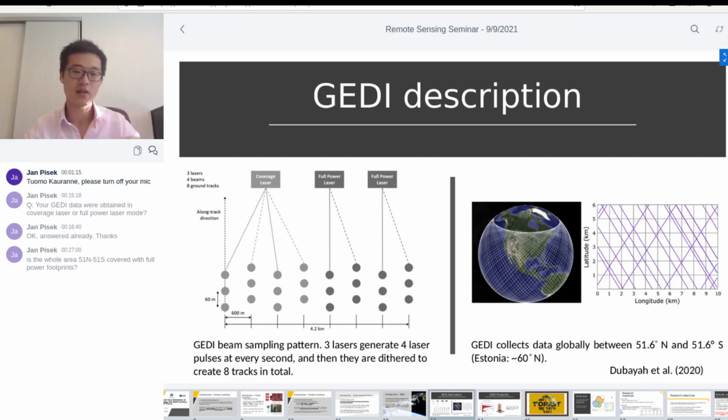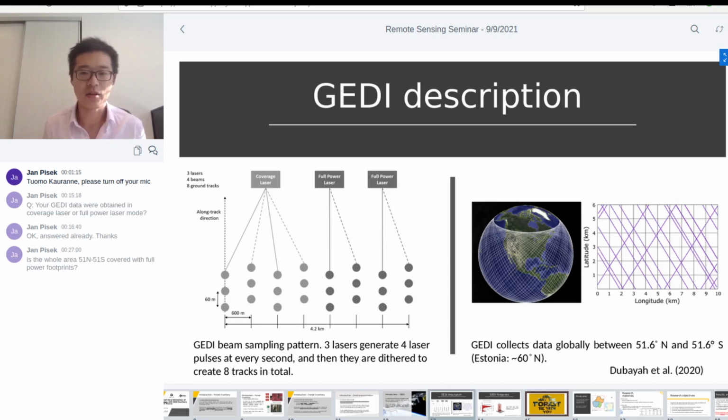So you see that it collects most of the Earth, but unfortunately it doesn't cover much of the boreal area because of the orbit. I just checked Estonia, for example, Tallinn is at about 60 degrees north, while GEDI only covers about 51.6 degrees north and south.